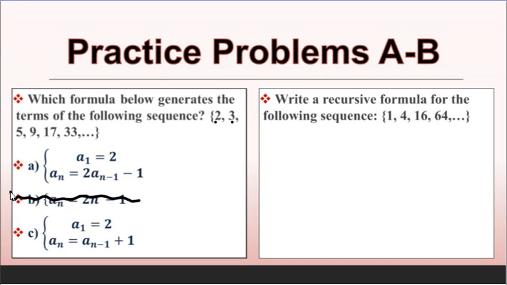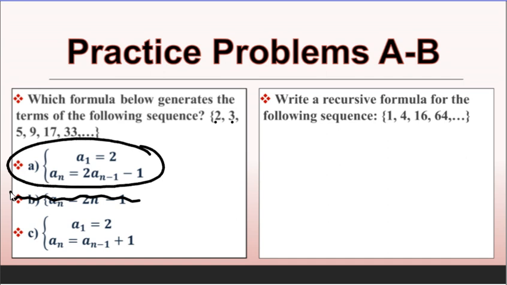If we were trying to find the third term, I'd put a 3 in for n. 3 minus 1 is 2, so the second term is 3. 2 times 3 is 6. 6 minus 1 is 5. So that would work here.